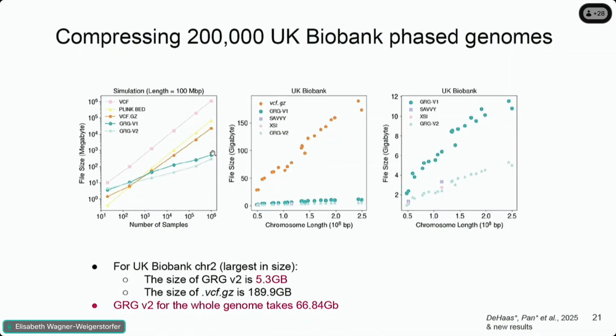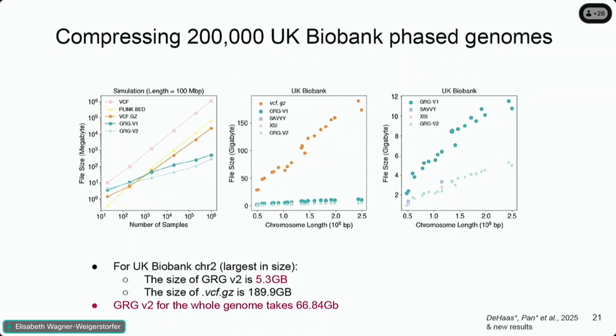We can see that when sample size is large, the GRG version 2 is much smaller than these other alternatives. The middle panel shows the result from application to the UK Biobank dataset, where the lowest line is the GRG version 2, and each dot is a single chromosome.